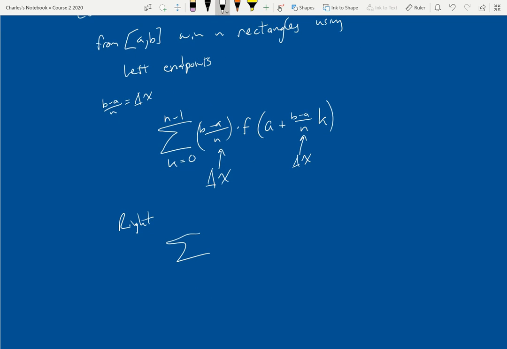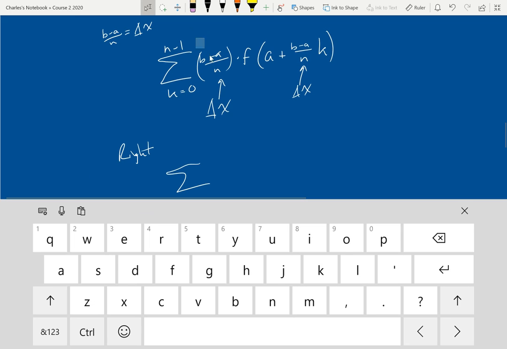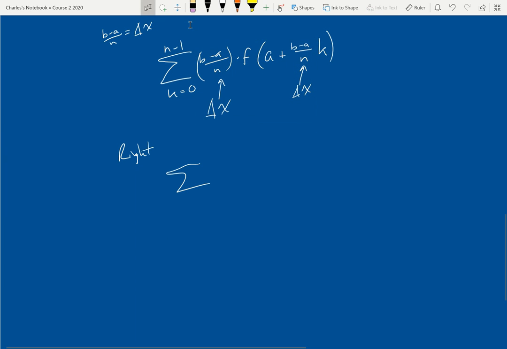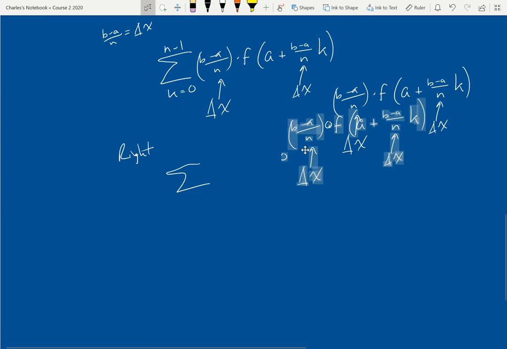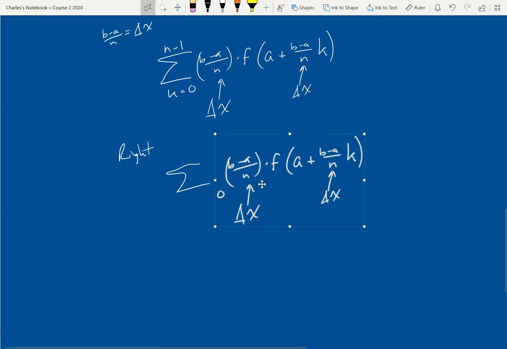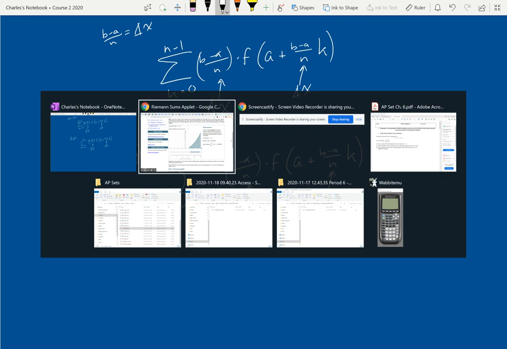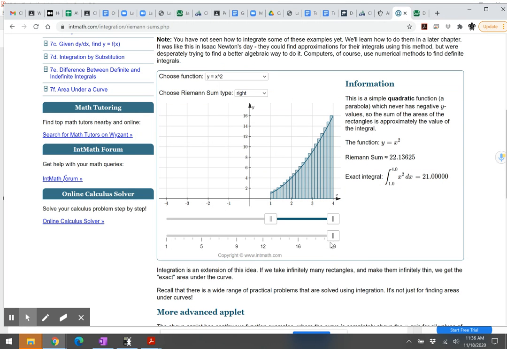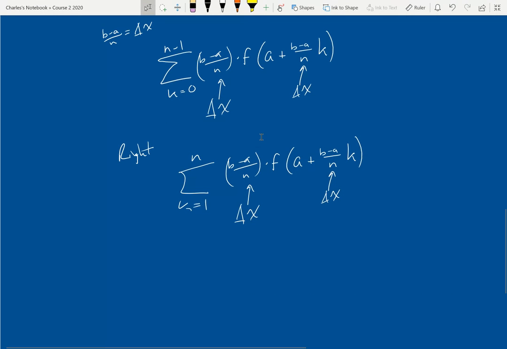I can literally just copy all this and I'm going to go k is equal to 1 to n. And are these things the same? Well, they're not the same. We saw in this picture that they're not equal to each other, but we did see as n increases, they become closer and closer to each other.